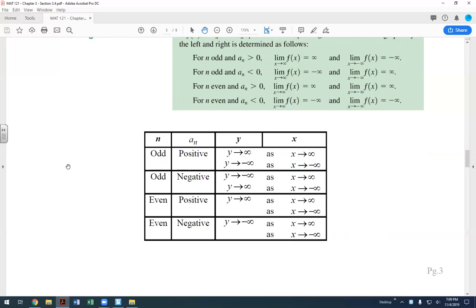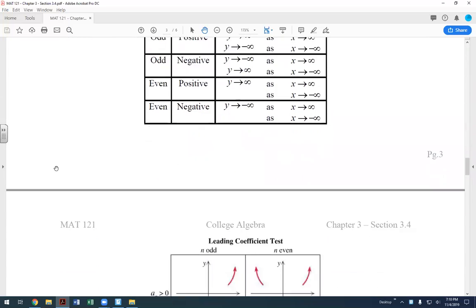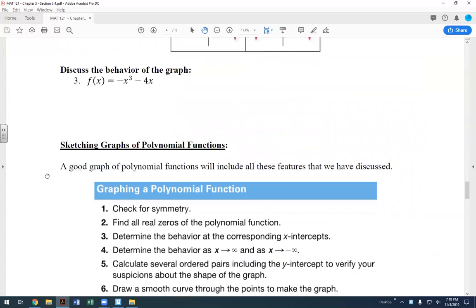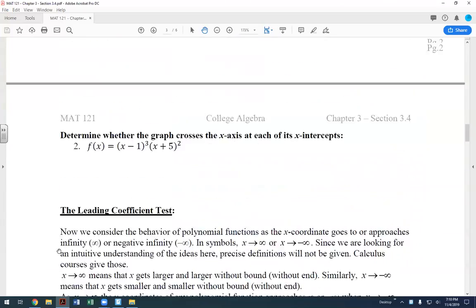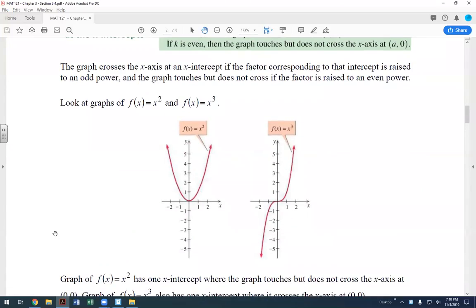So these two, we've actually talked about in terms of parabolas. The odd ones, not so much, but you can always think of your odd ones. Let me see if I can find that graph right here. If it's an even exponent with a positive coefficient, my arms go up. If I just put a negative in front of that x squared, I'm going to have a reflection, which means both arms go down. If it's an odd exponent with a positive coefficient, then as x is going to positive infinity, y is also going to positive infinity.